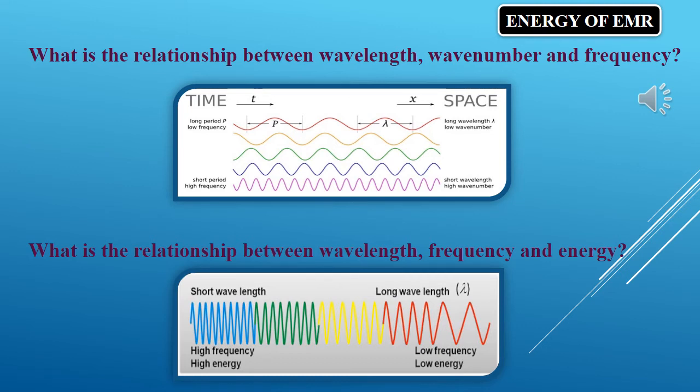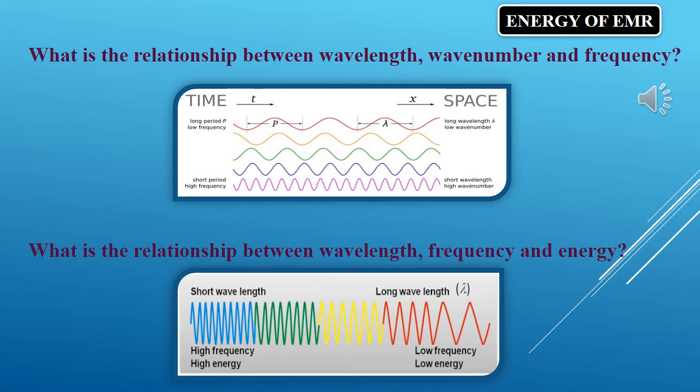Just recollect the points: what is wavelength, what is frequency, and what is wave number. When wavelength is increased, wave number is also reduced and frequency is also reduced. So wavelength is inversely proportional to frequency and wave number. That is the relationship between wavelength, wave number and frequency.